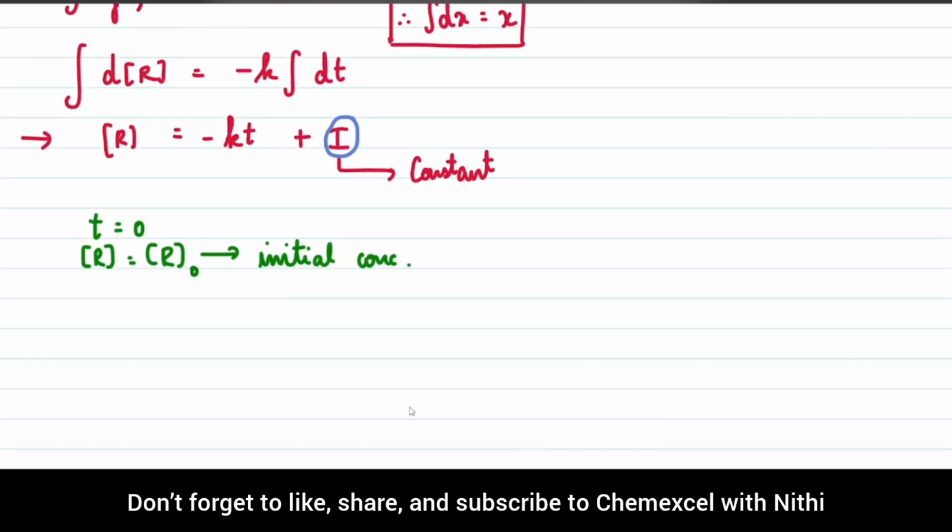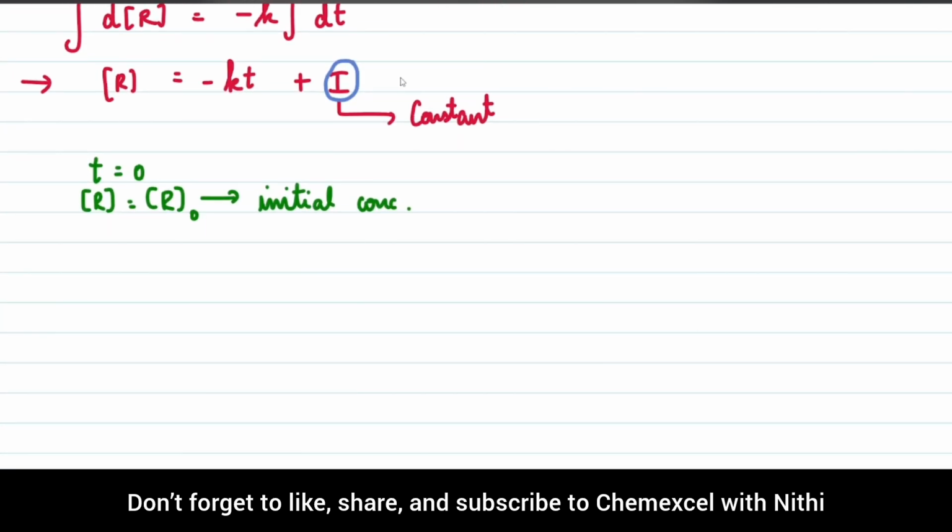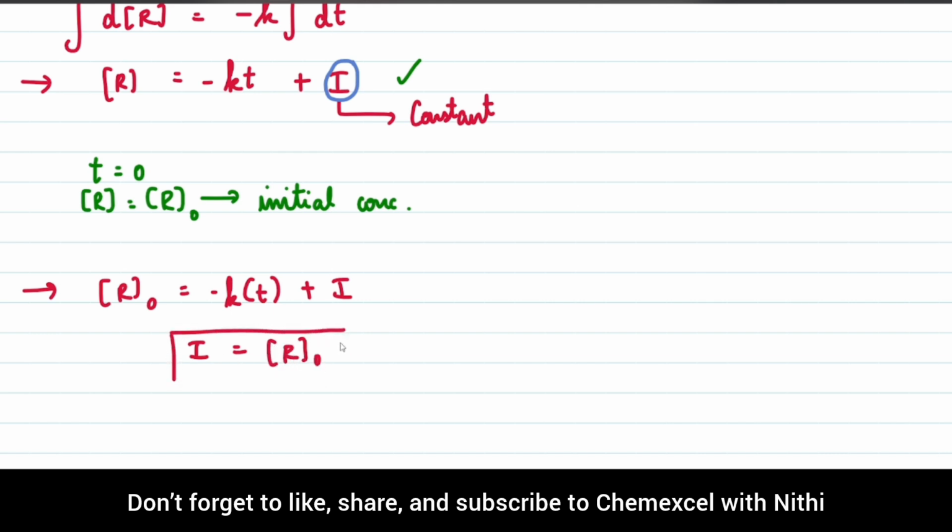Okay, if we substitute these two values in this equation, we will get R naught is equal to minus K into T, that is, minus K into 0, plus I. So the I value will be equal to R naught. So now we have to substitute this I value in the previous equation. Okay, we have to substitute in this equation.